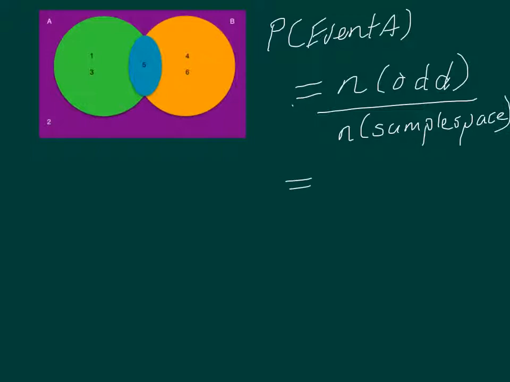In this case, there are 3 odd numbers, and there are 6 numbers in my sample space. Therefore, the probability of getting an odd number is 1 over 2, or a 50% chance.